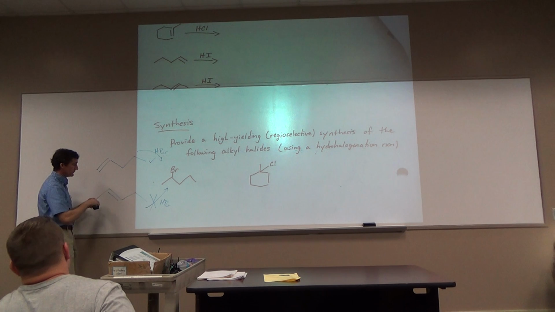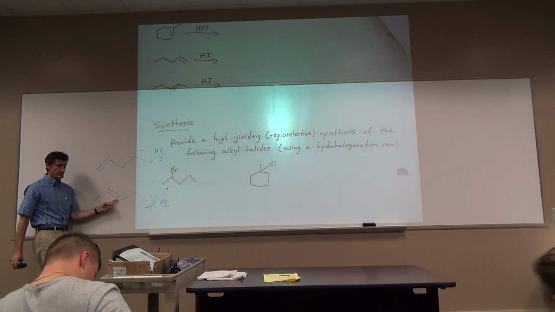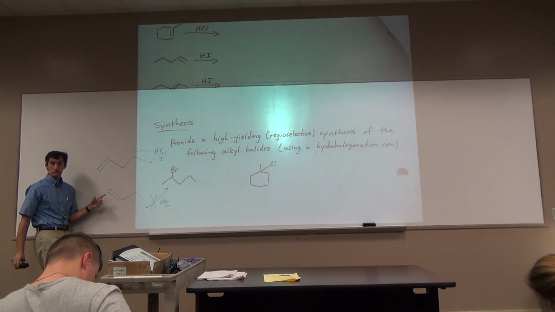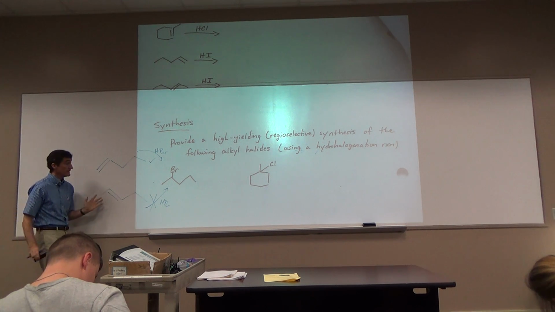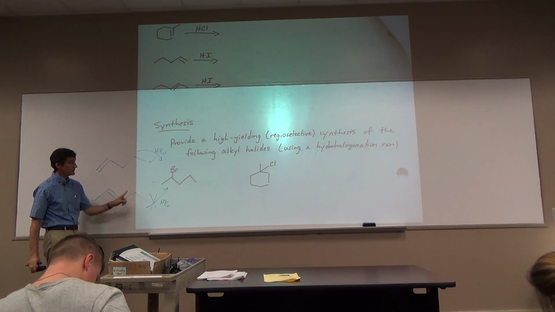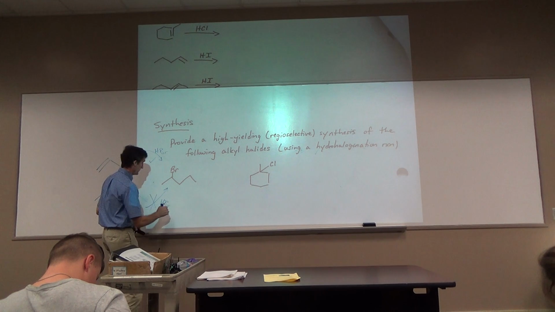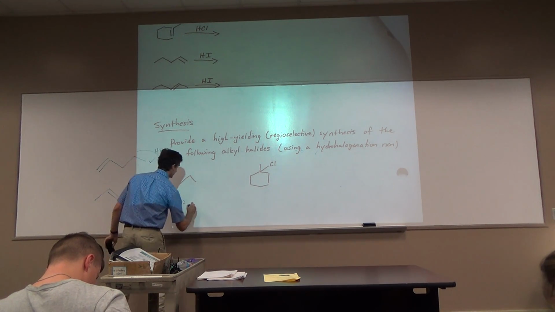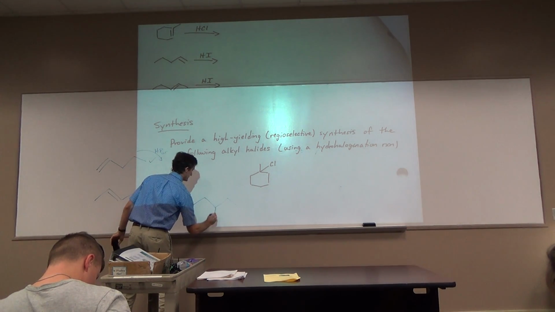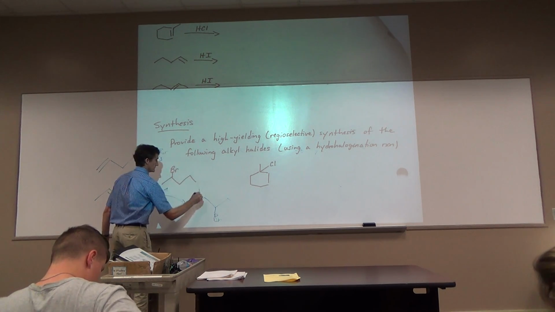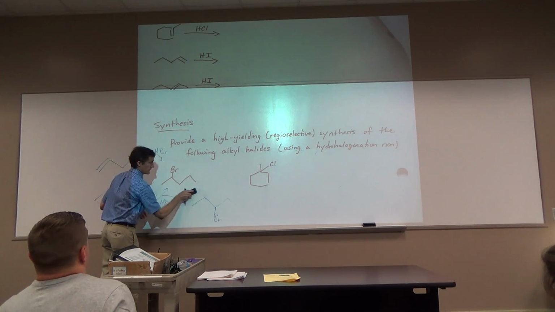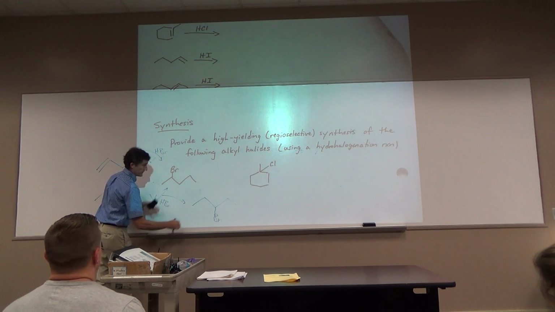Where are you going to make cation? On this 2 or 3 carbon? Either one. If you do it this way, you're going to end up with this, but you'll also end up with what? This will give both of these.